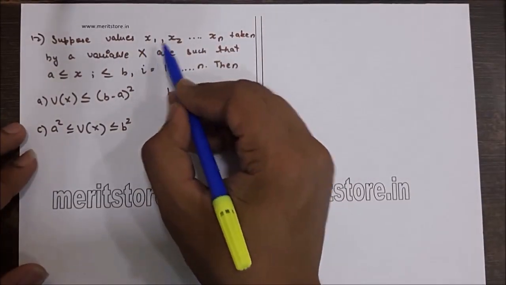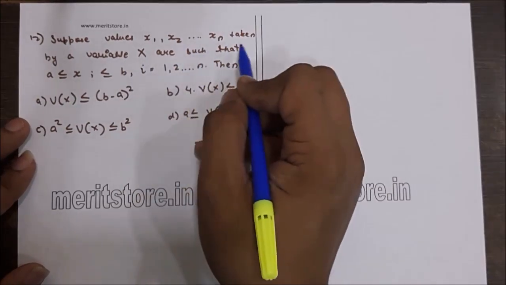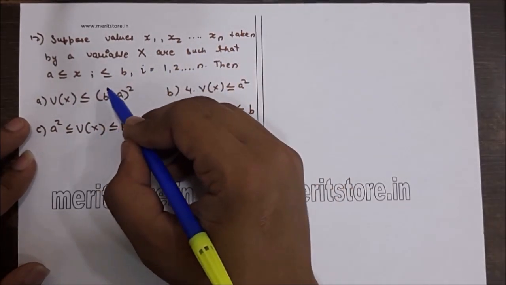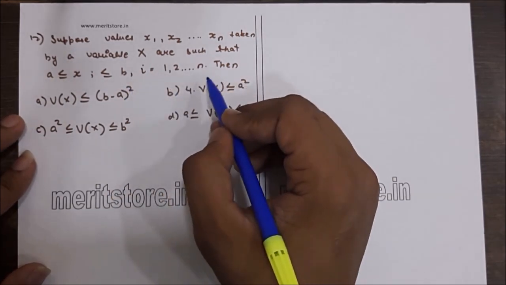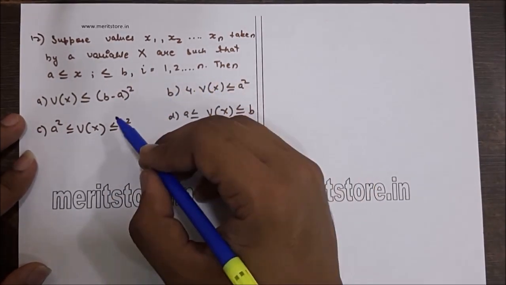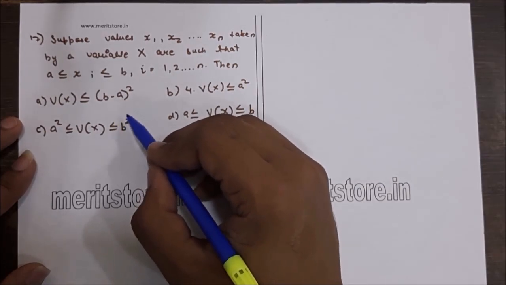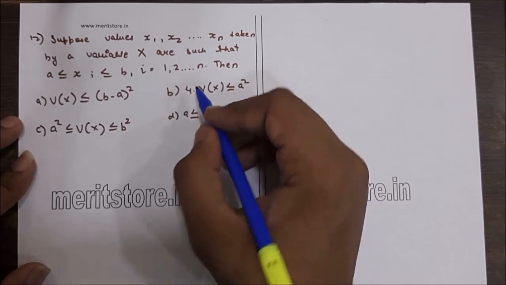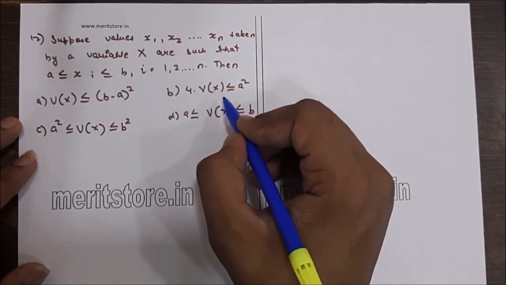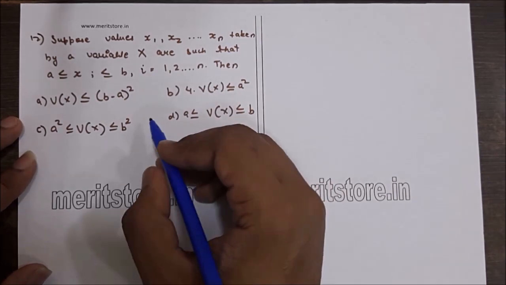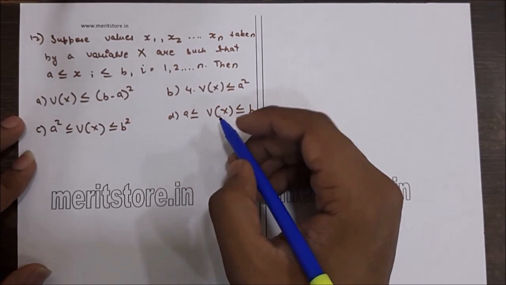Suppose values x1, x2 till xn taken by a variable x are such that a is smaller than or equal to xi, smaller than or equal to b, i is equal to 1 to n. Then option A: V of x is smaller than or equal to b minus a the whole square. Option B: 4 into V of x smaller than or equal to a square. Option C: a square smaller than or equal to V of x smaller than or equal to b square.